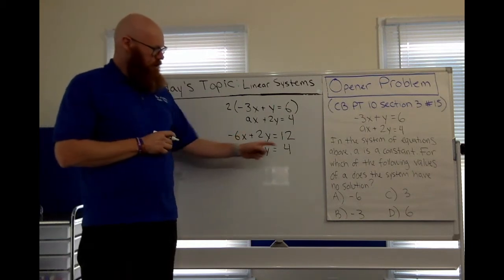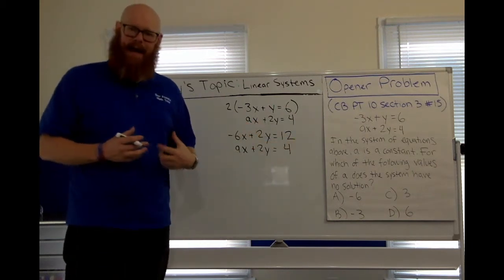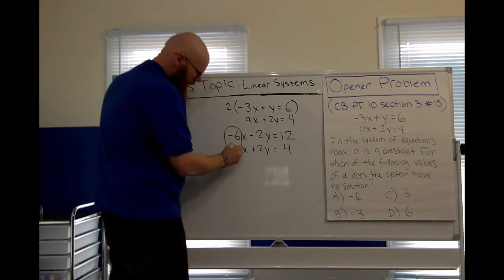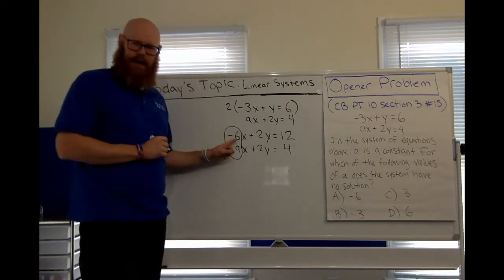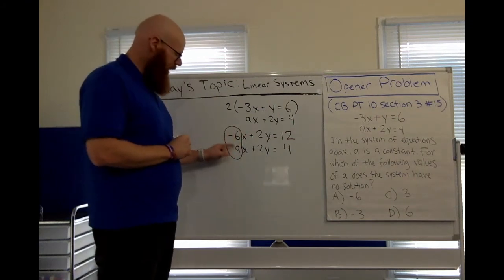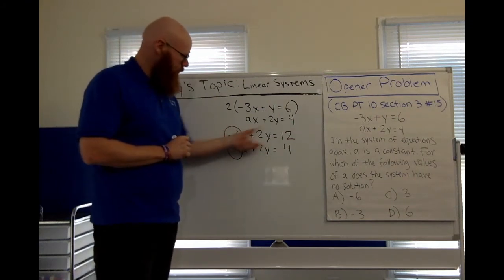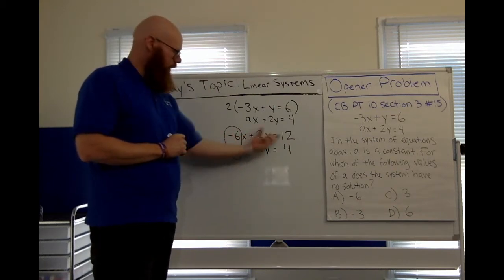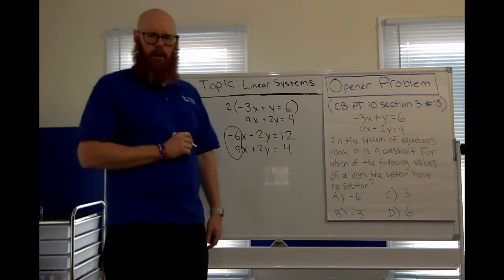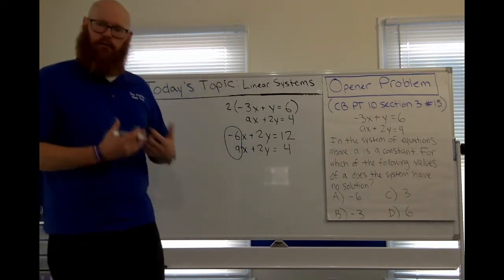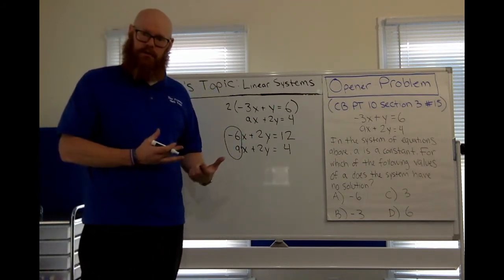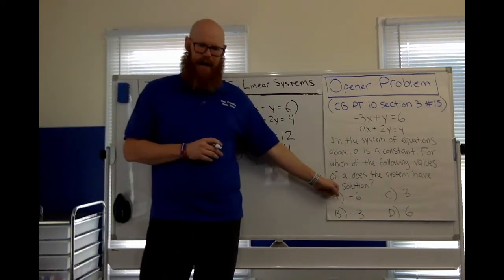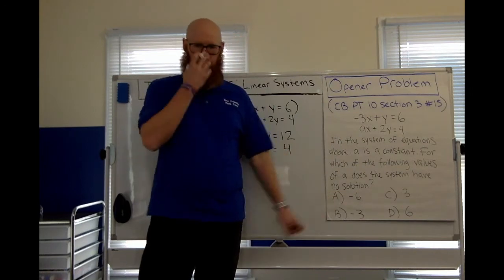So what we need to do is pick the value of a that'll make that happen. Well, what's going to make that happen is simply if we made a equal to negative 6. If a was negative 6, the left sides would be exactly the same, negative 6x plus 2y. In one case, it would equal 12. In the other case, it would equal 4. Well, that's impossible. That would create a no solution situation. So a must equal negative 6 in order for us to have no solution, which is answer choice A.